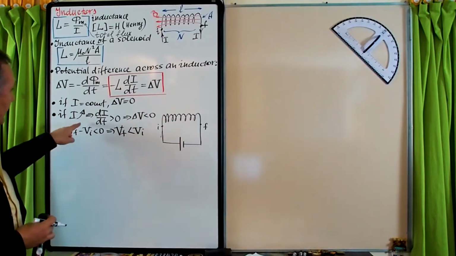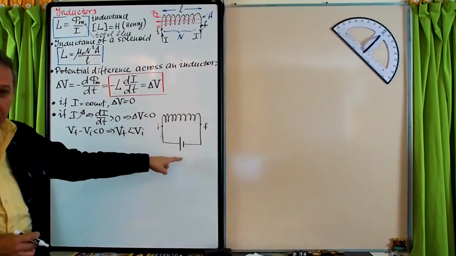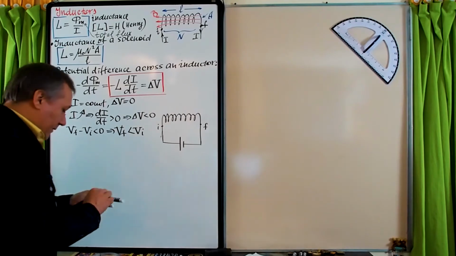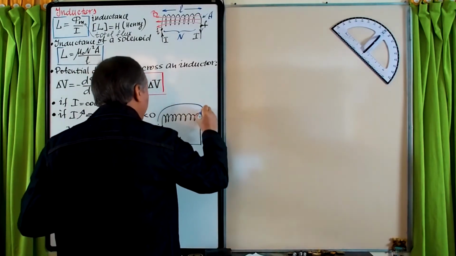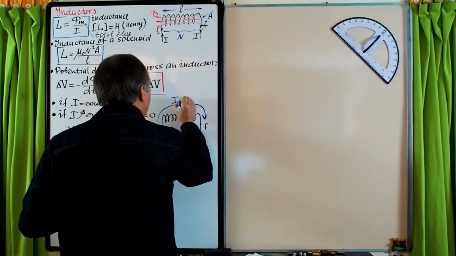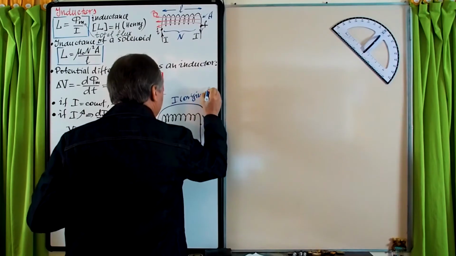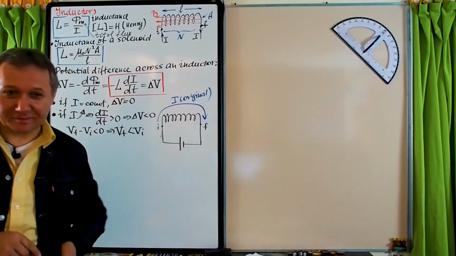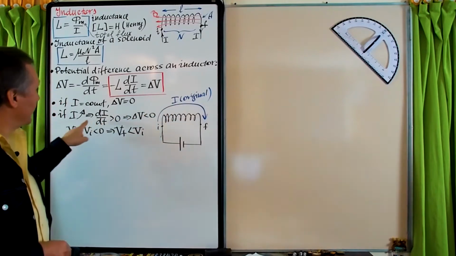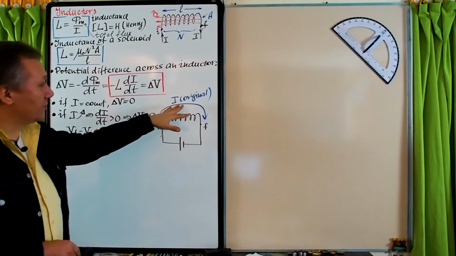So this current, which is growing through the solenoid, is produced by this battery. Let me draw that current. I think I used blue. Let me call it I original, because there will be the induced current. So this current I is the current which is increasing.